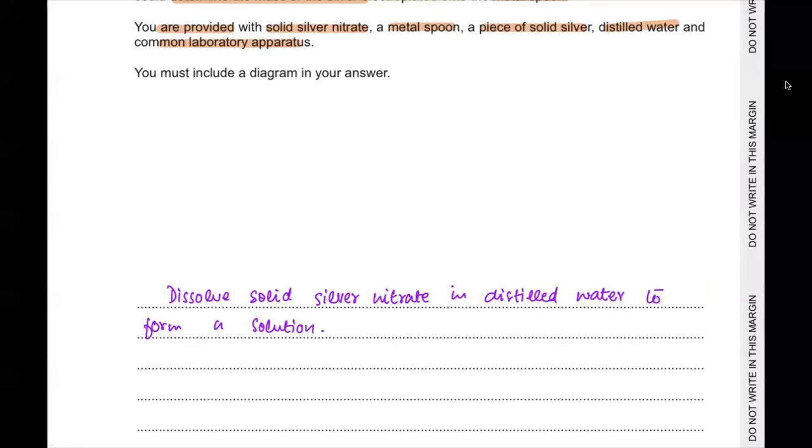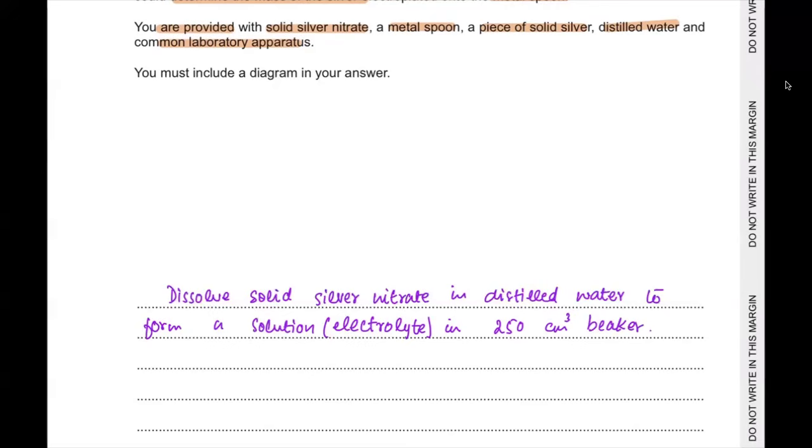And that is a silver nitrate solution which acts as an electrolyte, right? And over here in the bracket, you can mention that it's an electrolyte. For example, you can use a 250 centimeter cube beaker because it's big enough a beaker in which we can place or hang both the electrodes.